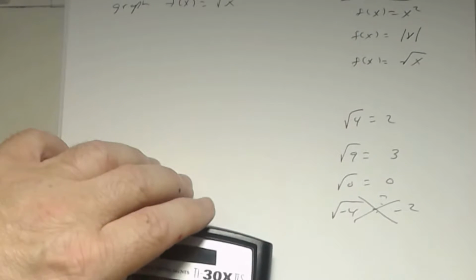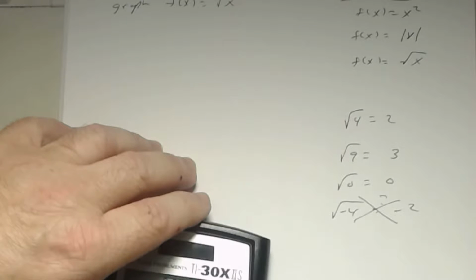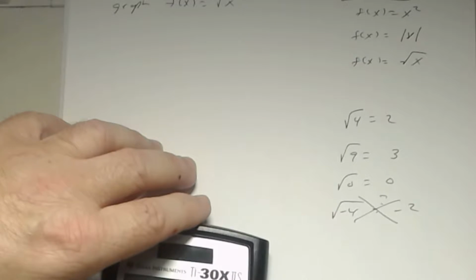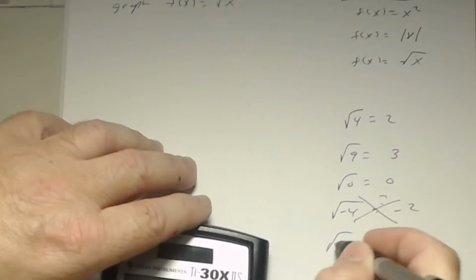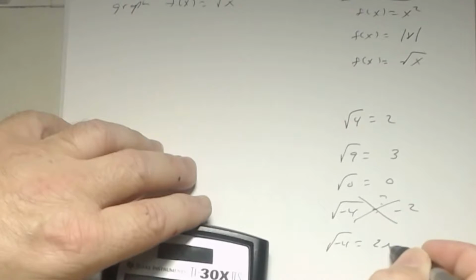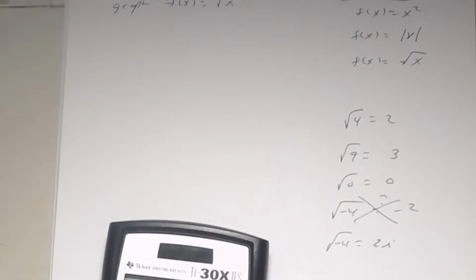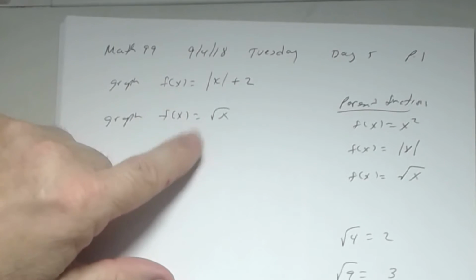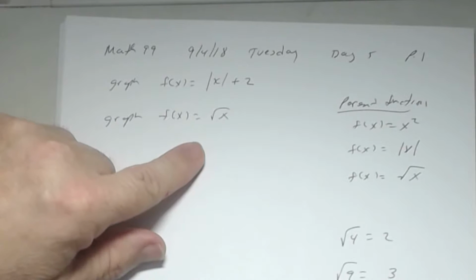It's a complex number, an imaginary number. That's where you get that i. Remember that i from maybe high school, advanced math. Okay, 2i.